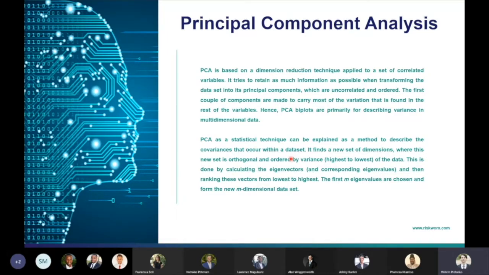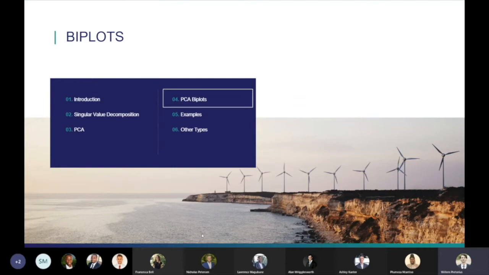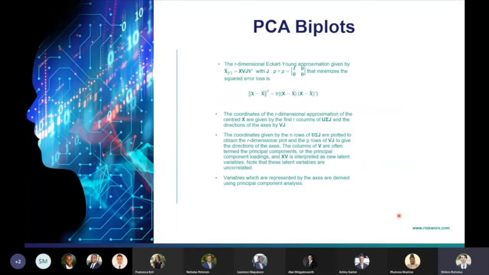This is done by calculating the eigenvectors and the corresponding eigenvalues and then ranking these vectors from highest to lowest. The first eigenvalues are chosen, and this forms the new n-dimensional data set. So let's take a look at some PCA biplot theory.